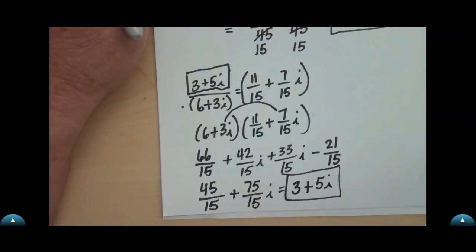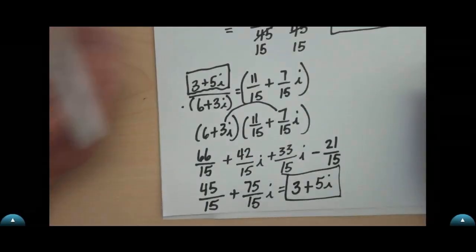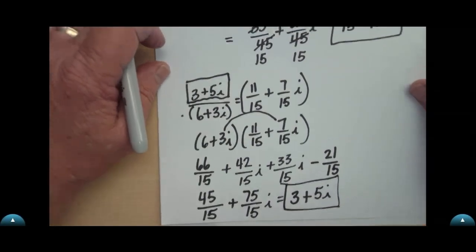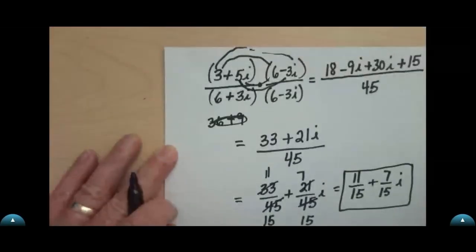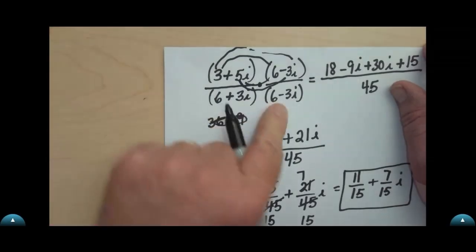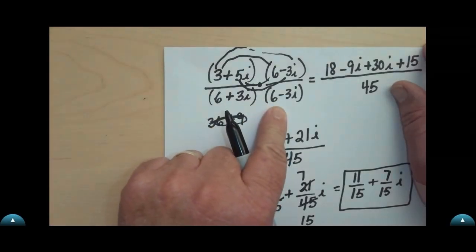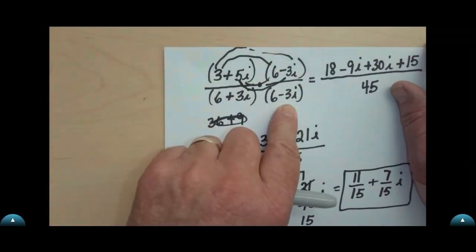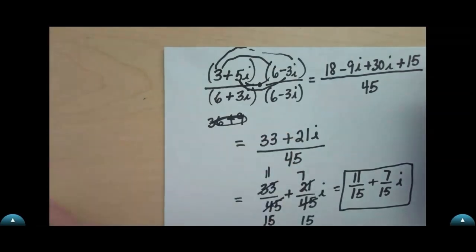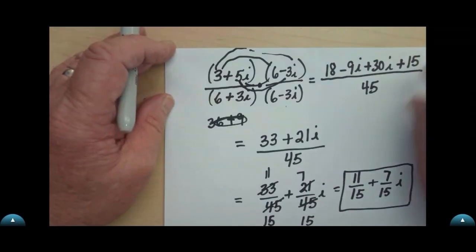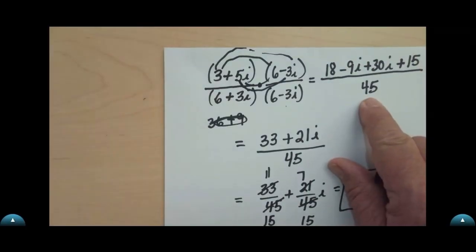Y'all see? So the main thing to remember here is anytime you're dividing complex numbers, if you're dividing by 6 plus 3i, you need to multiply times 6 minus 3i. If we were dividing by 2 minus 5i, we'd need to multiply times 2 plus 5i. You always multiply the denominator times its complex conjugate, which gives you a real number on bottom.